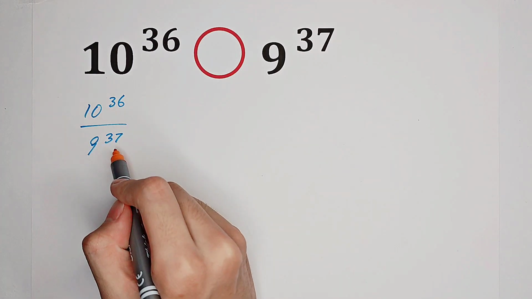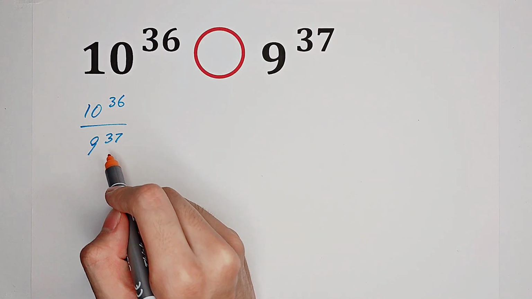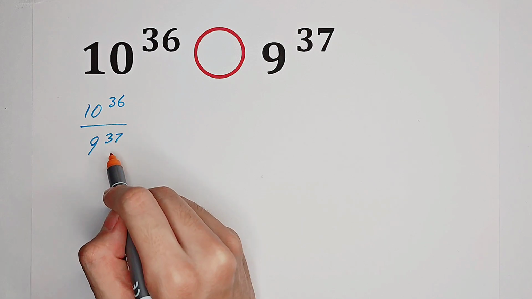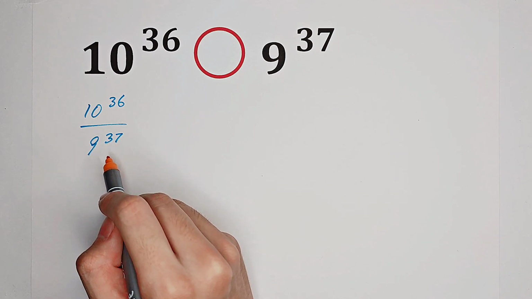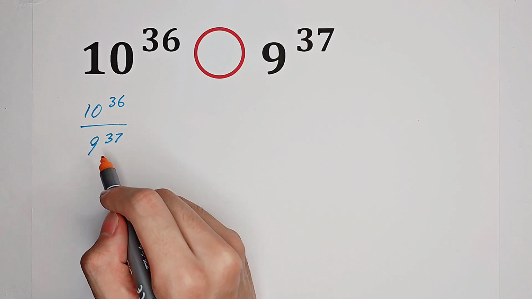Since the exponents are very close to each other, what we can do is to write 37 as 36 plus 1. So that means 9 to the power of 37 can be written as 9 to the power of 36 times 9.